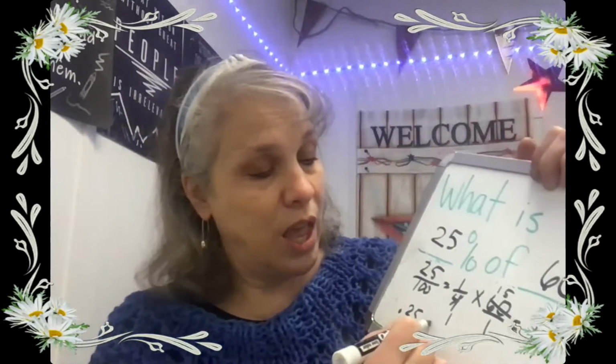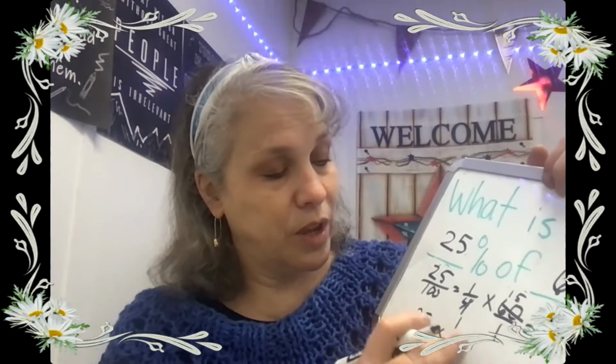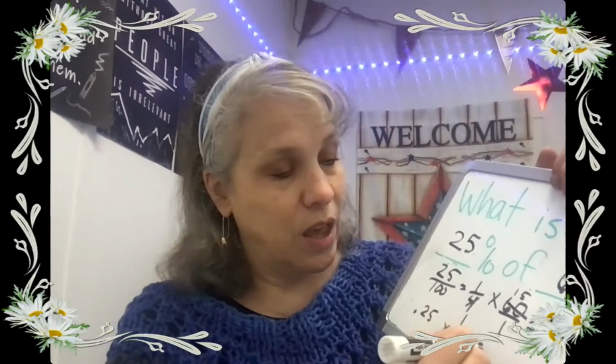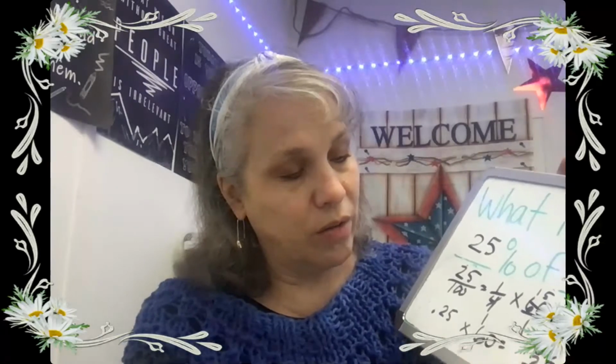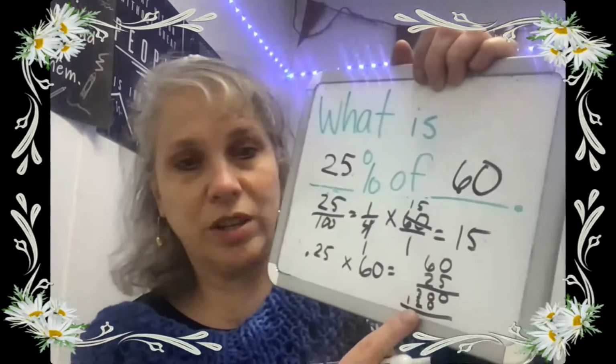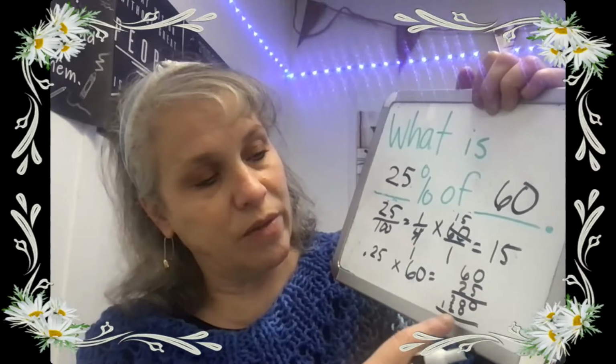The other way I can do it is I can change the 25% to a decimal and multiply by, not 16, 60. All right, so I take 60, multiply it by 25, and I get, I'm sorry, it's on the end of my board, but it'd be 1500.